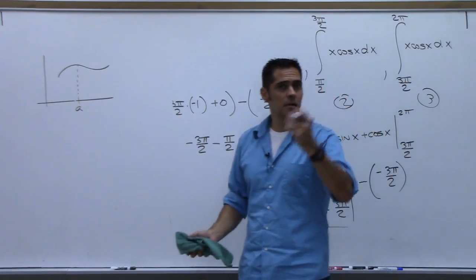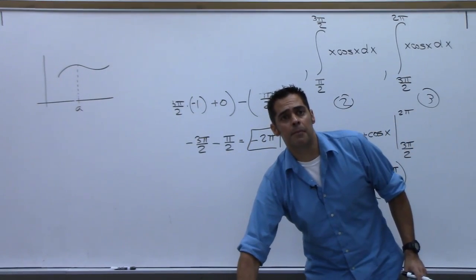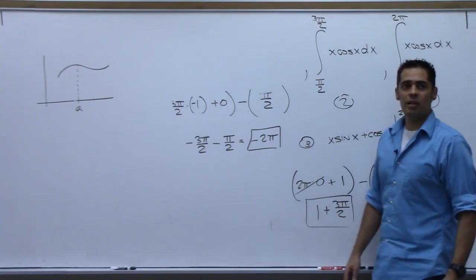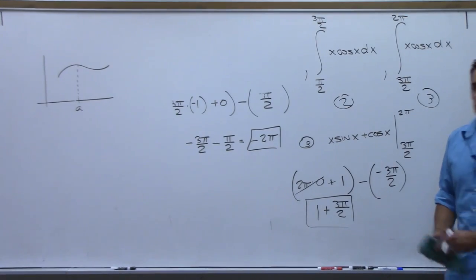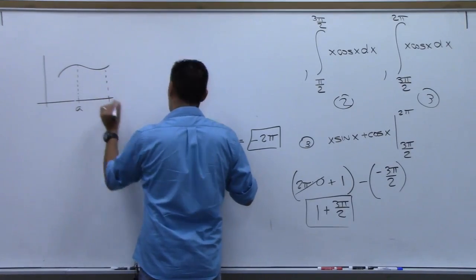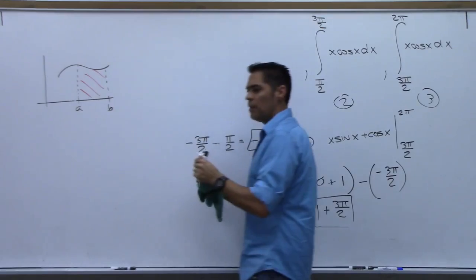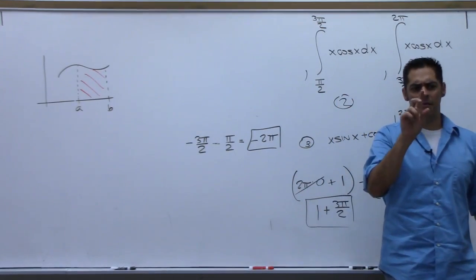That makes sense then? Okay, the integral from a to b of a function is equal to the negative integral from b to a. So what does that mean? Whatever this area is, it's equivalent to the negative of b to a.